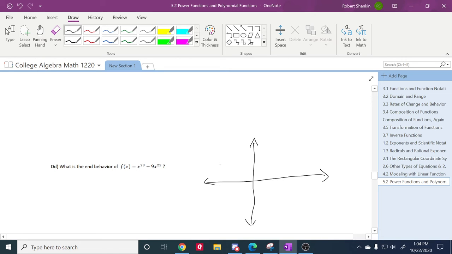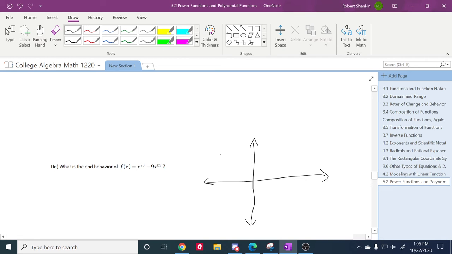Okay, group 4. What's the end behavior of this thing? Any ideas? And you can pass if you'd like. But you got any ideas?